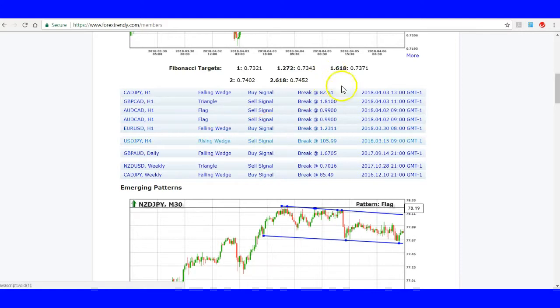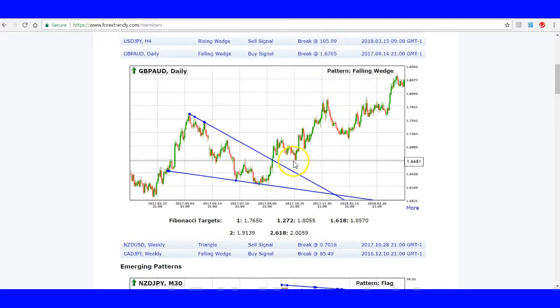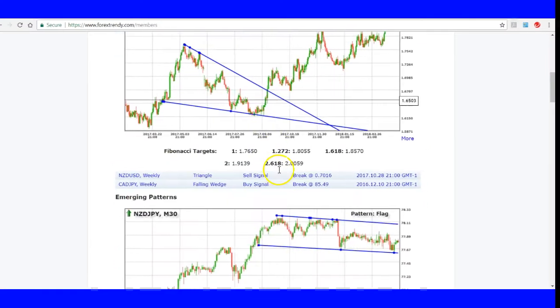I'll pull back, go on down. British pound Aussie on the daily. This has broken out and is in a strong uptrend with a lot of pullback, but it is moving up. That was a nice breakout there.